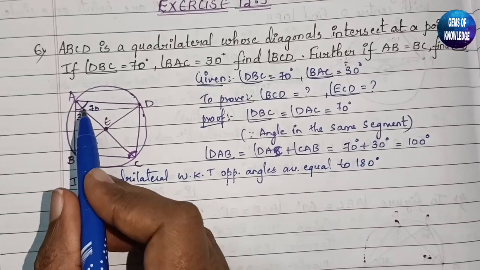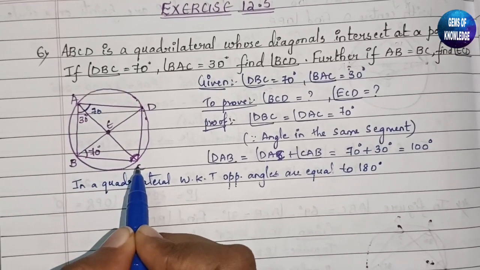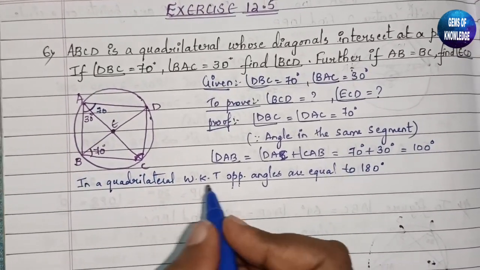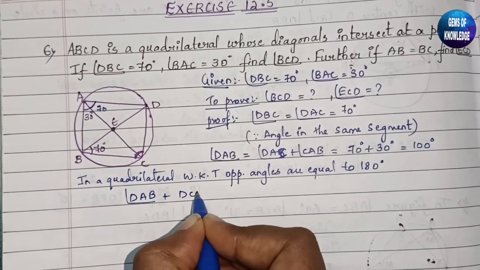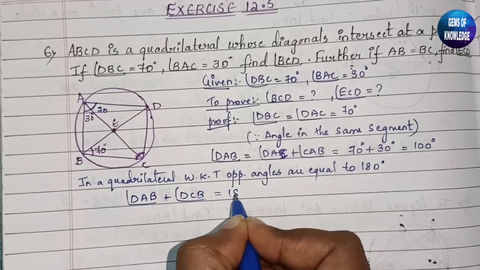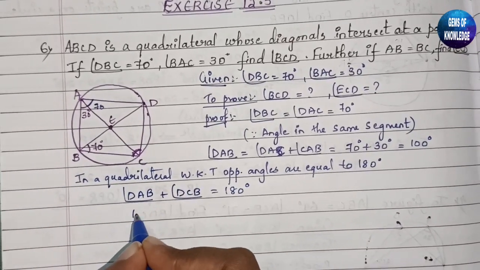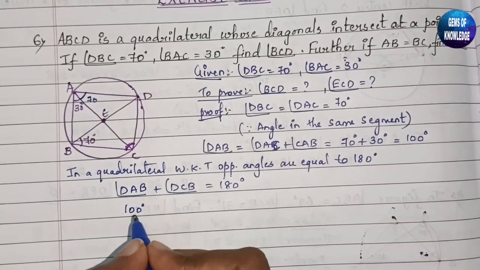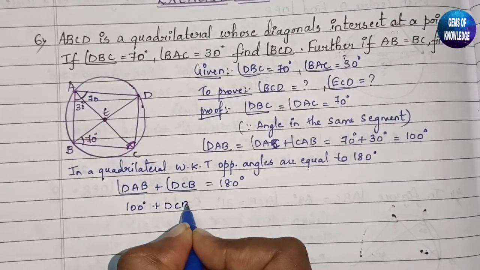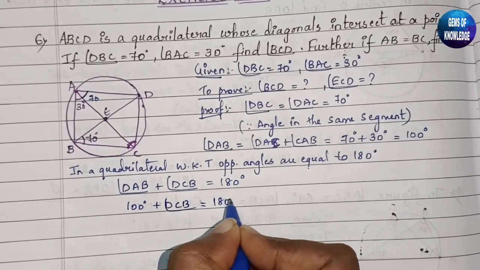So we can write DAB plus DCB together is equal to 180 degrees. We know that DAB is already 100 degrees, just now we got DAB equal to 100 degrees. So 100 degrees plus DCB is equal to 180 degrees.